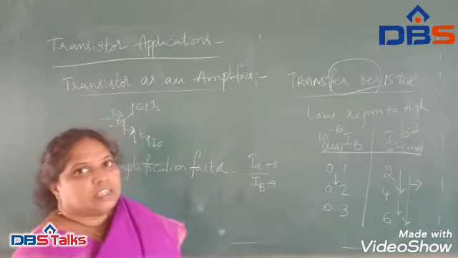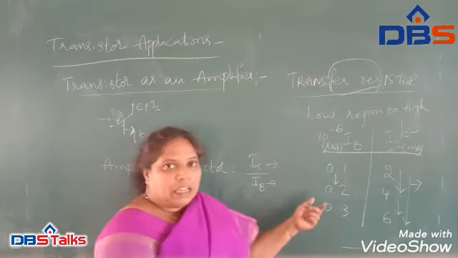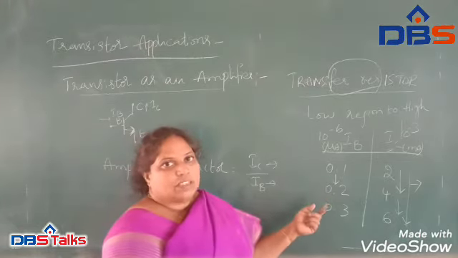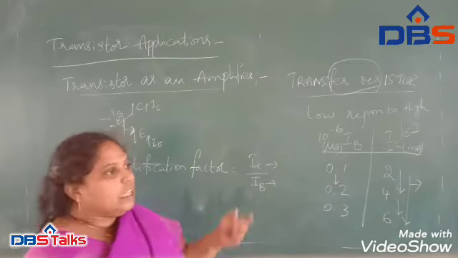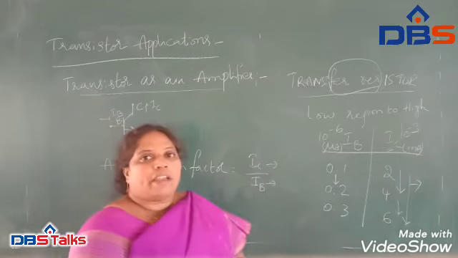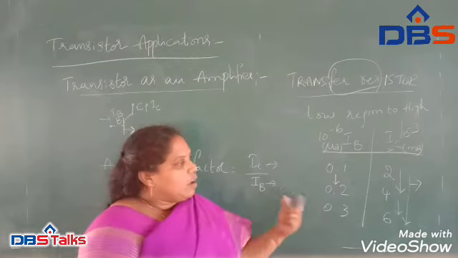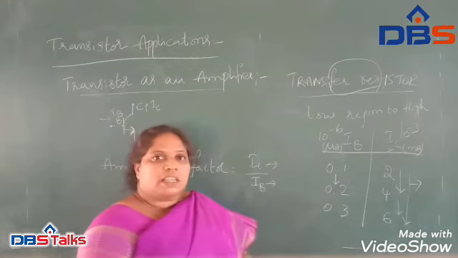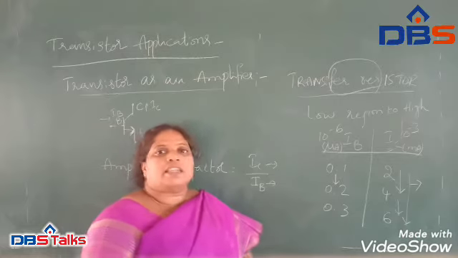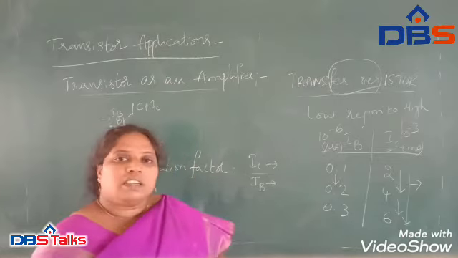So amplification transistor. That means practically we can observe it likewise. Theoretically, we can say when it is in the active region, the input junction is in the forward bias condition and the output junction is in the reverse bias condition, then the transistor is an amplification transistor.